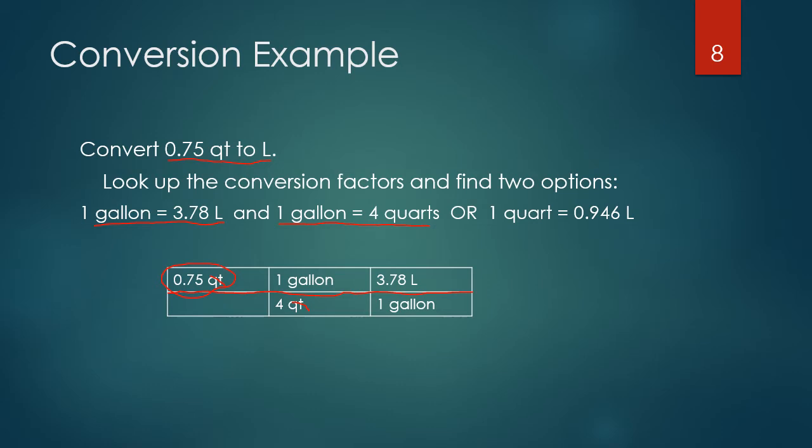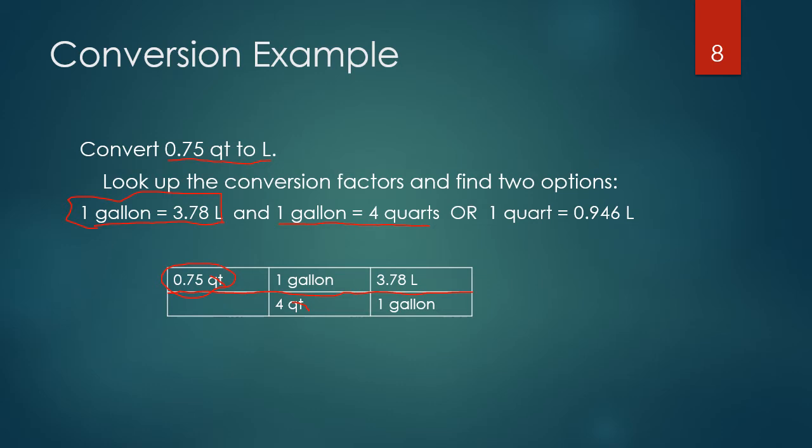I put the quarts on the bottom so they cancel, and then the 1 gallon portion in the numerator so that when I do this calculation, it's gallons that I'm keeping. If I were to stop in this very first step, what I would have is my answer in gallons. But I don't want it in gallons, I want it in liters, so that's where the second conversion factor is going to help.